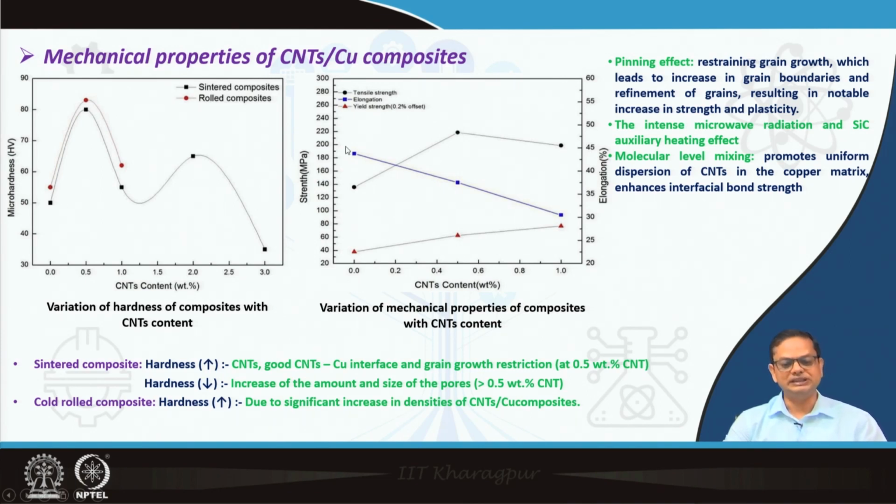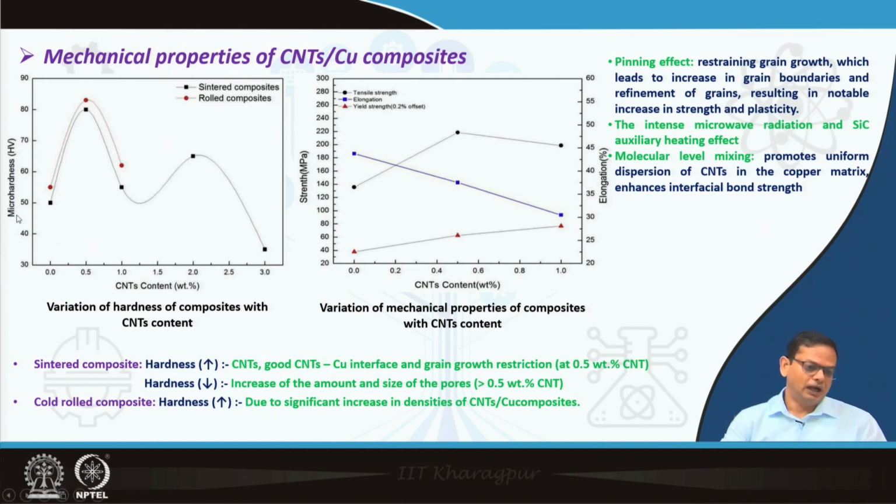And you can see also with increase in the amount of CNT, there is continuous decrease in elongation, and that is obviously going to happen because CNT would be leading to decrease in ductility, okay, to some extent.